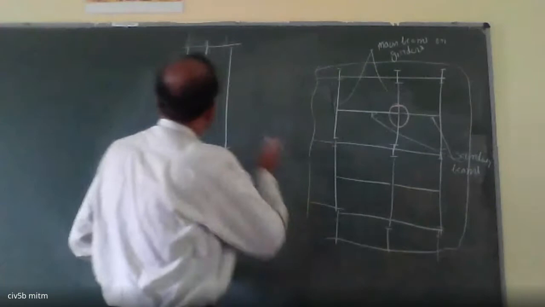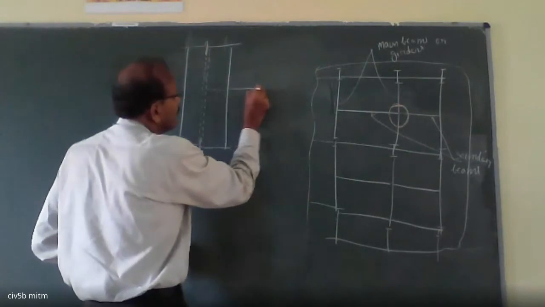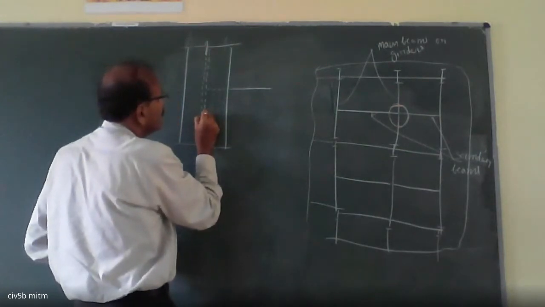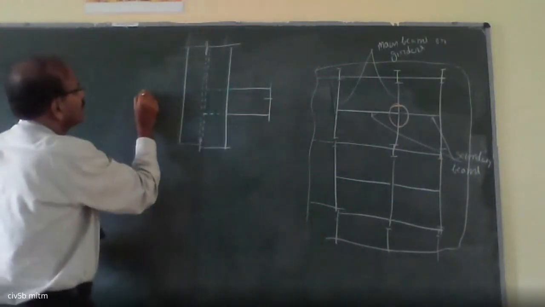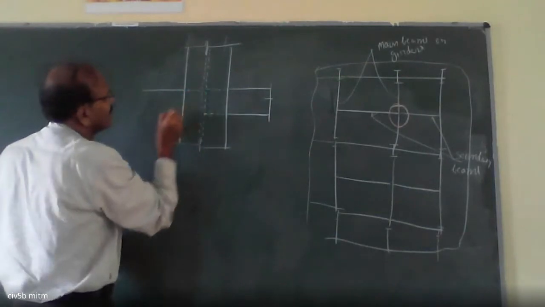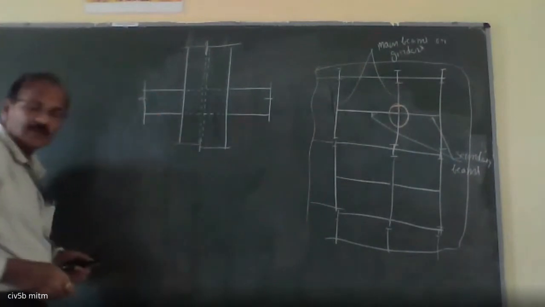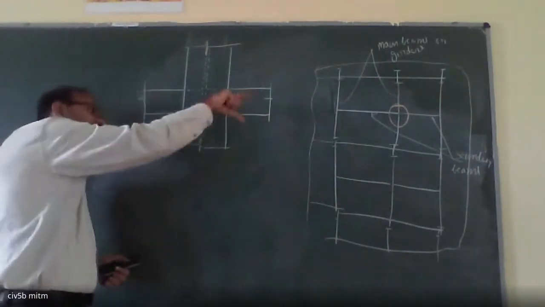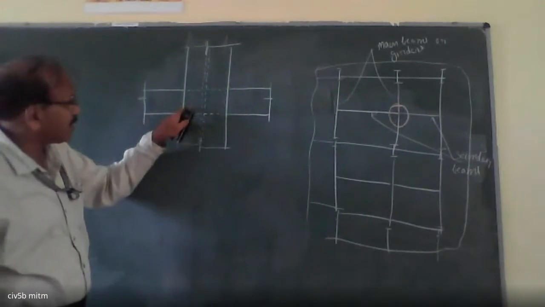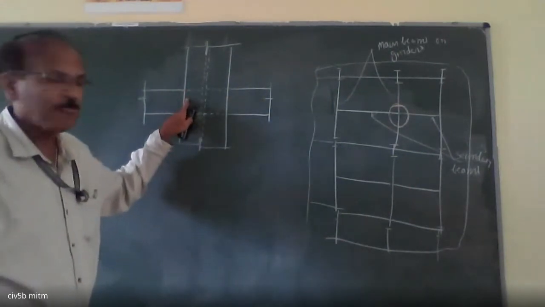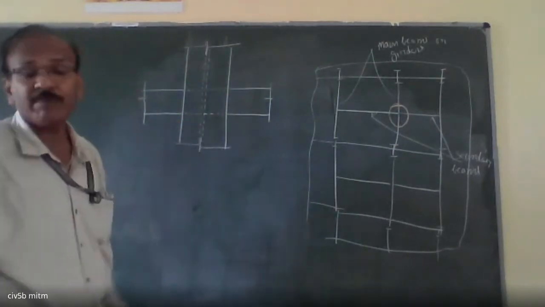Then this secondary beam comes here and sits on the main beam. Again, this is inserted inside, so we cannot see the connection details here. We need to connect this secondary beam and this secondary beam to the web of the main beam.